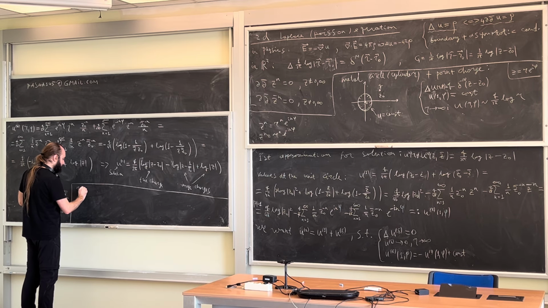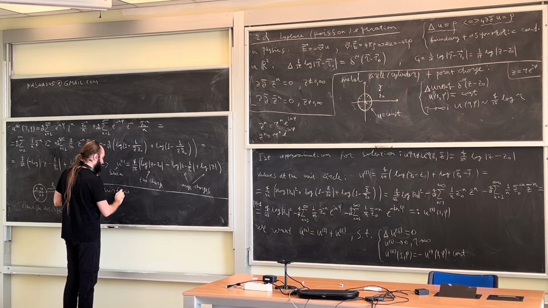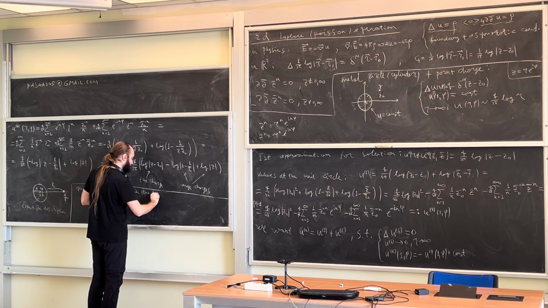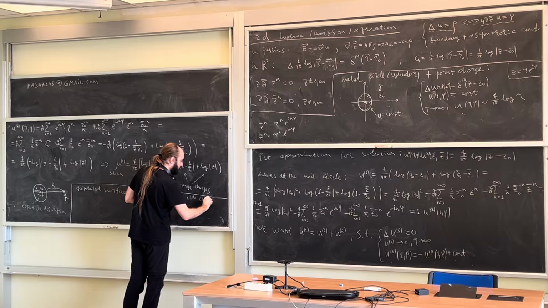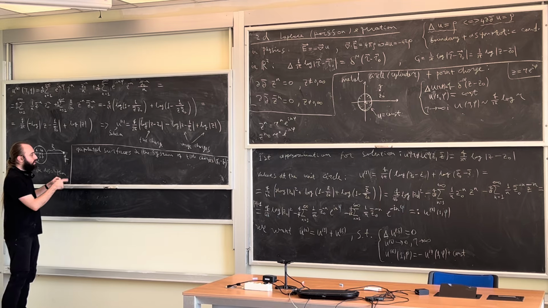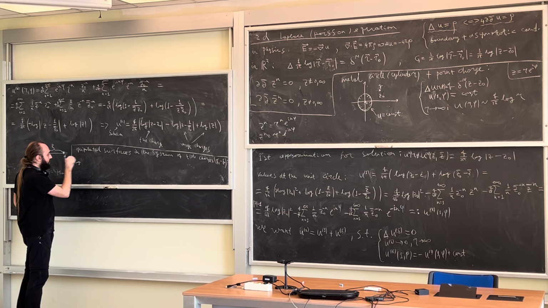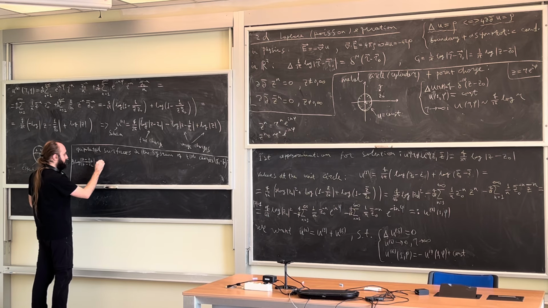So if we want to find the equipotential surface, then we want to say that the logarithm of the absolute value of z minus z1 over z minus z2, times q over pi, equals some constant c.